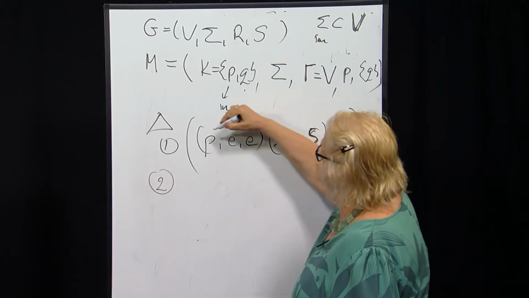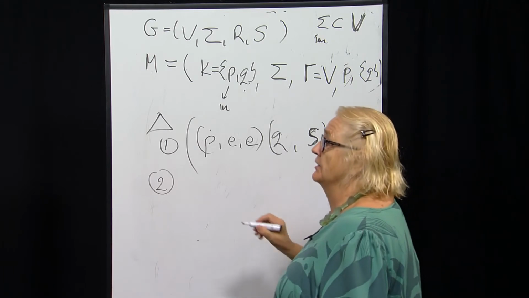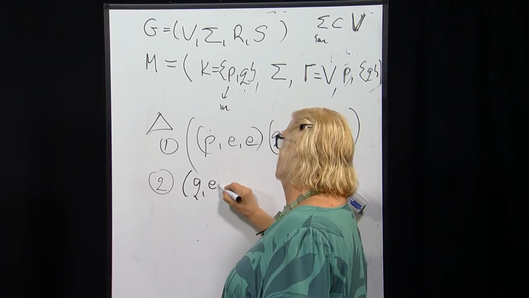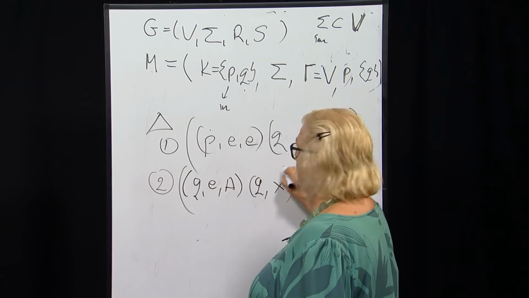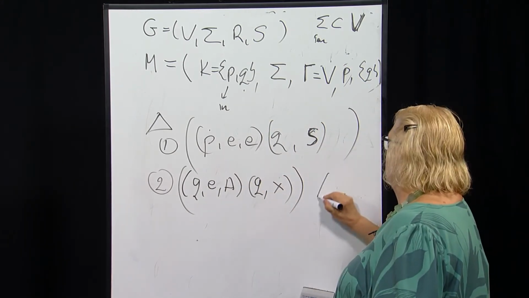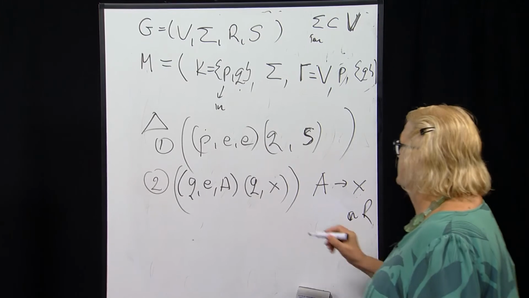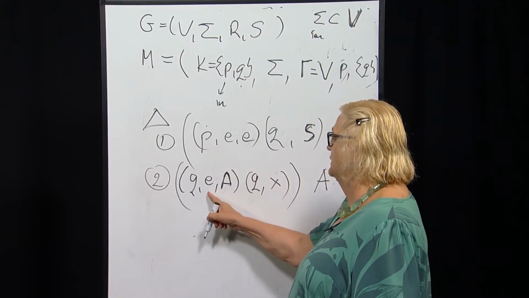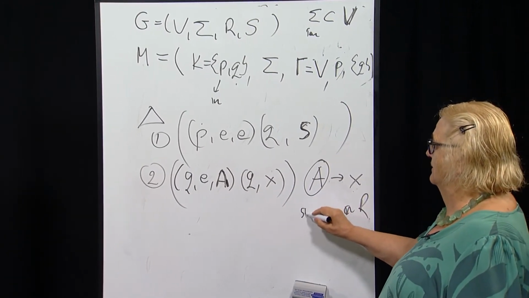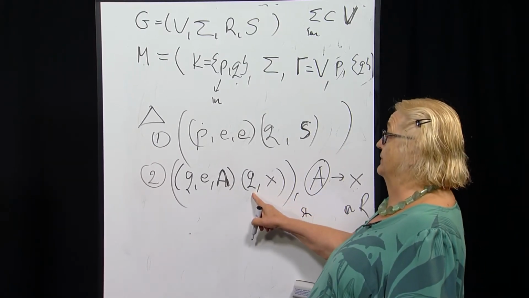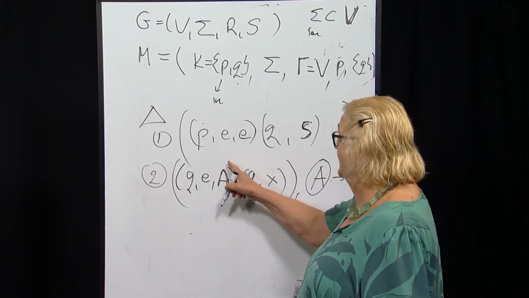The second is (Q, e, A), (Q, x), for each rule A to x in R. So what it does: you read nothing, you take A from the stack and go to the same state, and replace A by x.